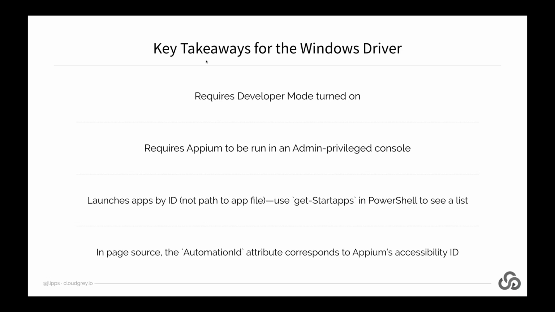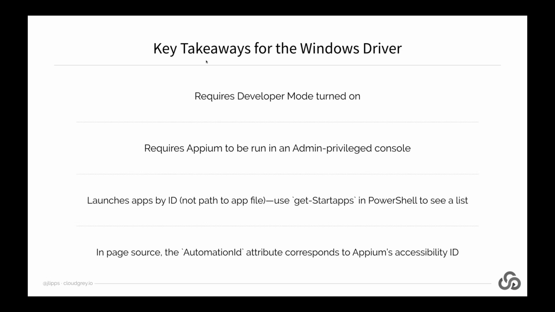So it's pretty nice that they built this in. So if you get your page source of a Windows application and you see an attribute labeled automation ID, you can find the element with that attribute using Appium's accessibility ID command.